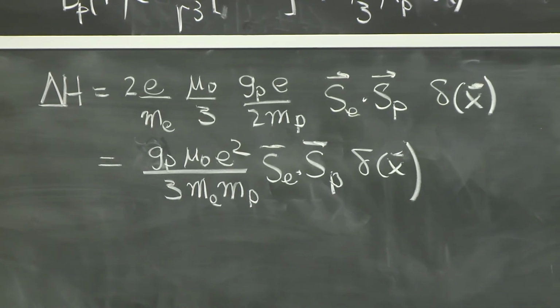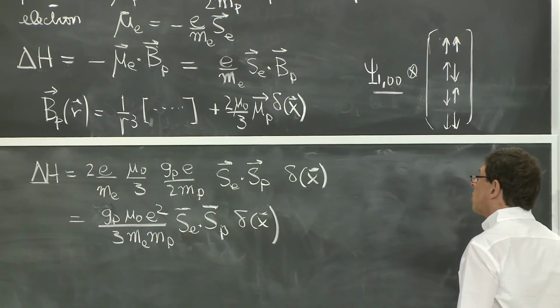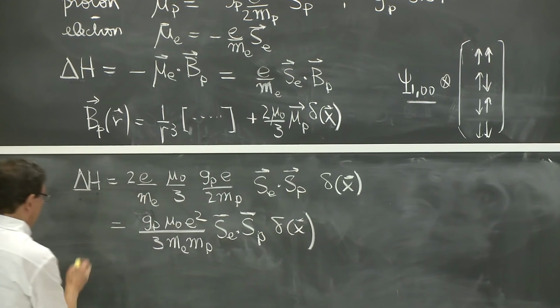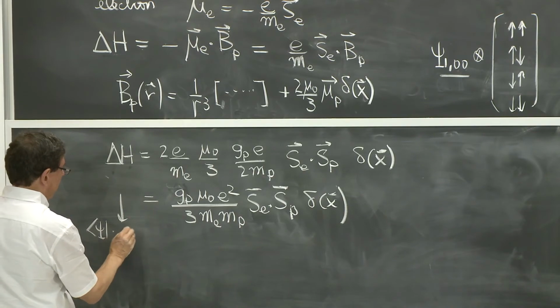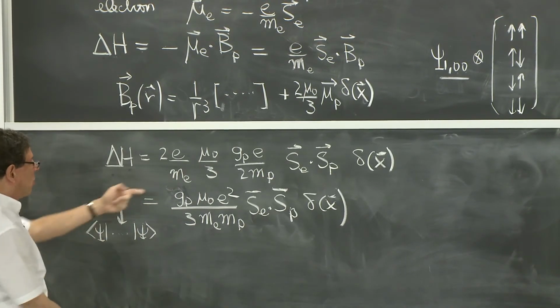Now, indeed, let's put this wave function into play. So for the relevant part of delta H, apply the spatial part of the wave function from both sides to this thing.